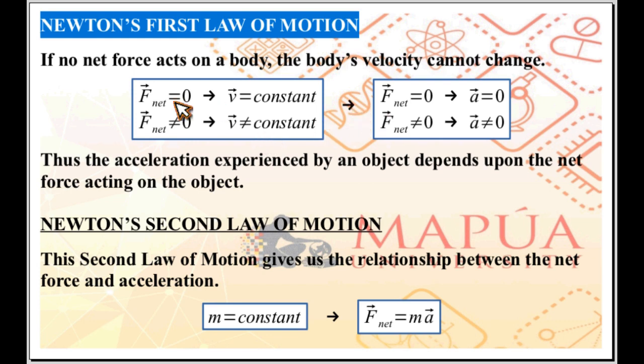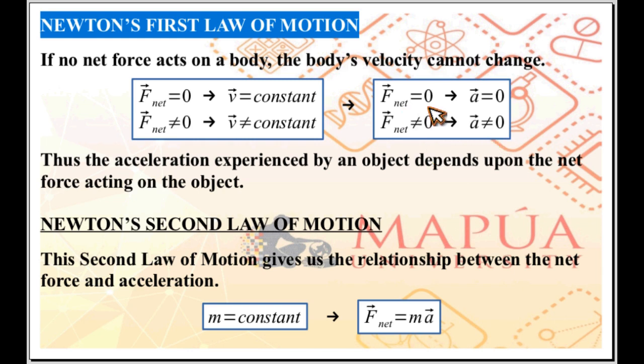If the net force is equal to 0, the velocity is constant, which means the acceleration is equal to 0. On the other hand, if the net force is not equal to 0, the velocity is not constant, which means the acceleration is not equal to 0.